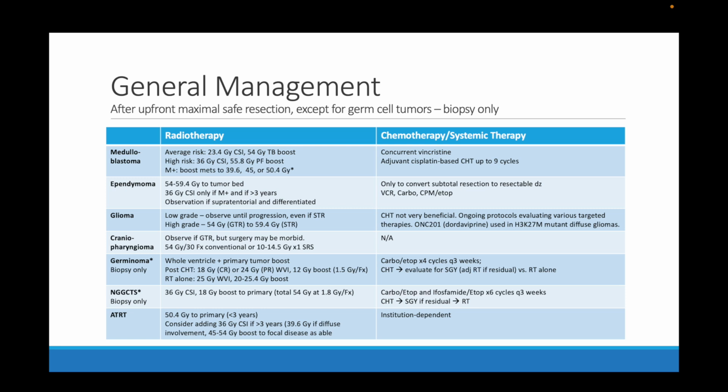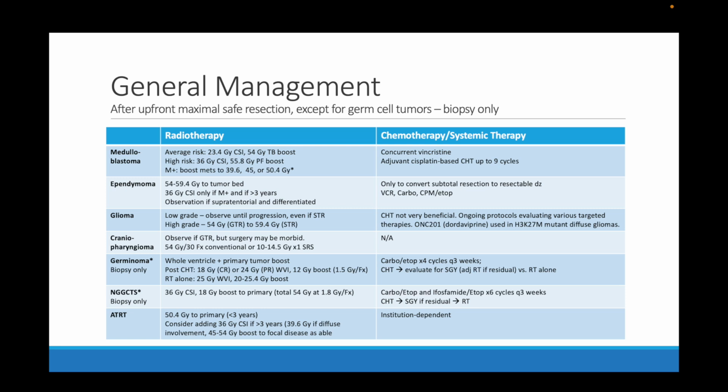The other exception, which I mentioned previously, is if there's something like a diffuse intrinsic pontine glioma where even a biopsy is not considered safe because it's entirely involving the brainstem, then that is another situation where we sometimes have to treat without tissue diagnosis. Although I will say for DIPG, there is an attempt to try and get at least a little bit of tissue if possible, because this might be one of the only ways that we're going to be able to move the needle forward in this disease site where patients do very, very poorly.